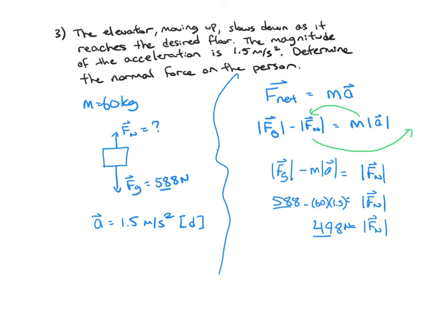To 2 sig figs. So my final statement, I will write that the normal force as a vector equals 5.0, because that rounds to 500, times 10 squared newtons up.